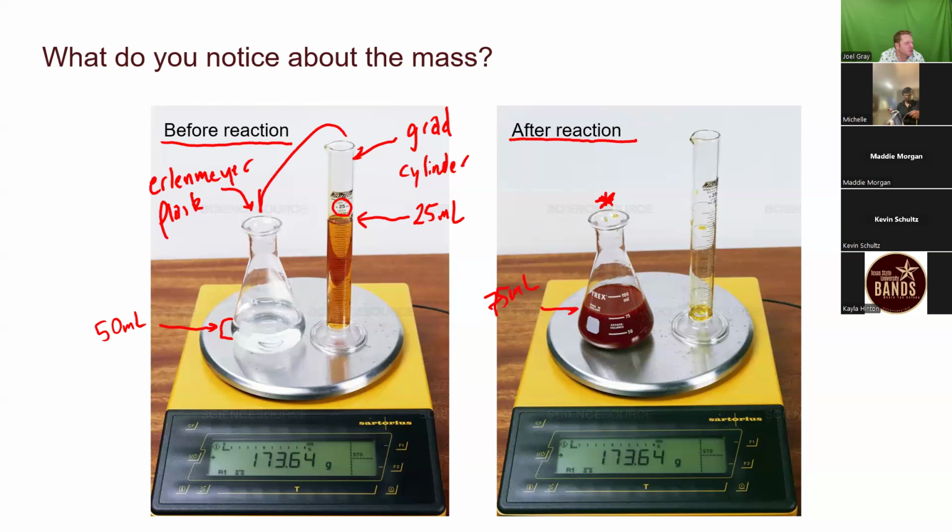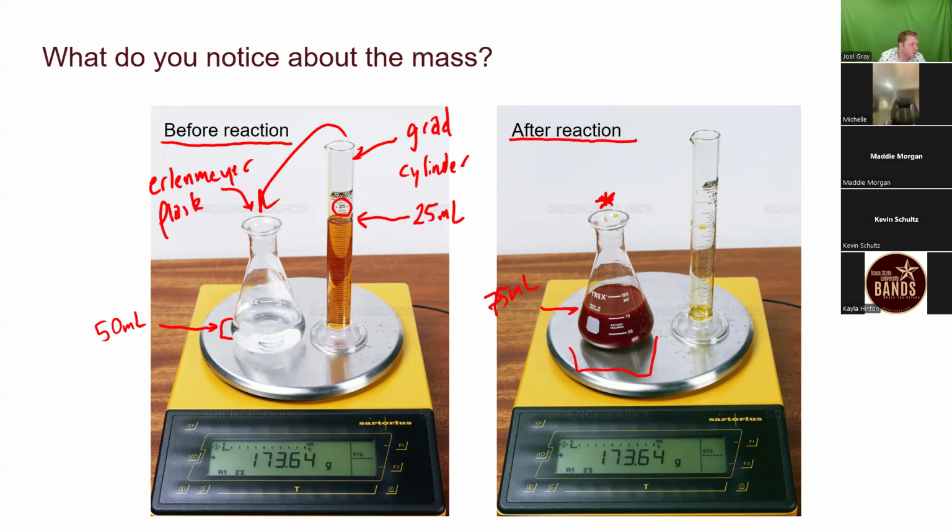I add this amber colored solution, 25 milliliters of it, and then I get this mixture that results, a darker red, copper colored solution. Total volume here is 75 milliliters, so 50 plus 25. So my volume didn't change.